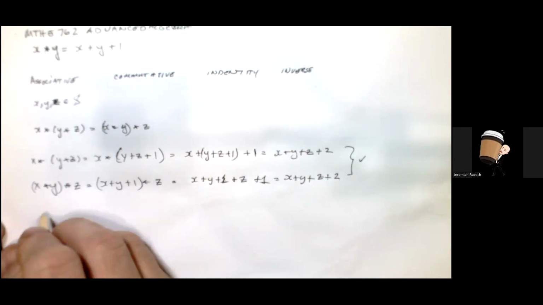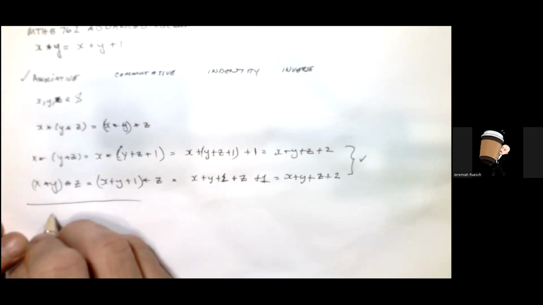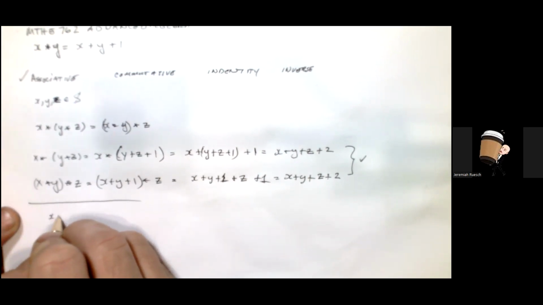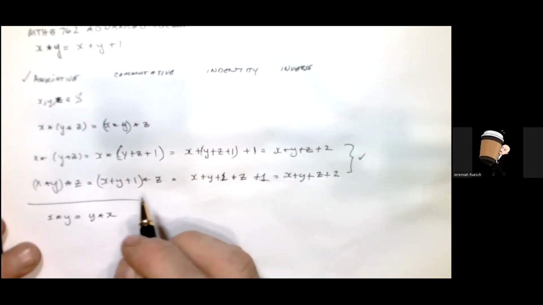Okay. All right. Now let's look at, let's see, commutative is next. So associative, check. Commutative means that x star y should equal y star x. So let's check the two sides. So x star y is going to equal x plus y plus 1. And if we check y star x, what's that going to equal?